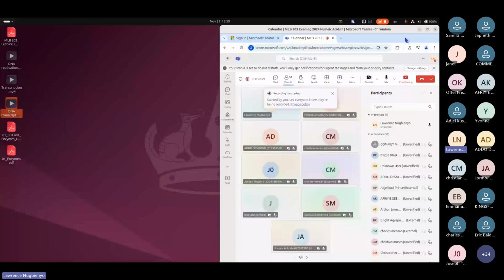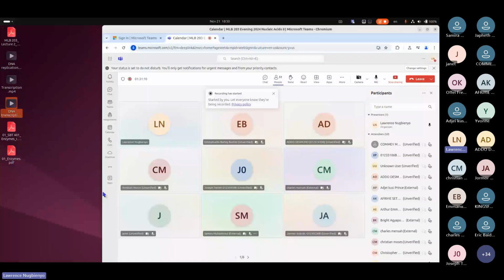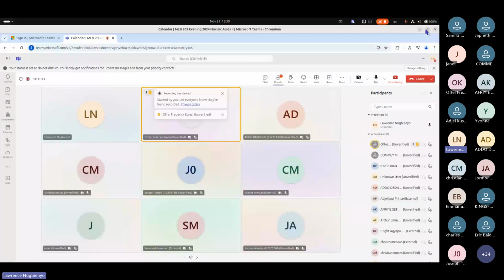All right, so now the floor is opened. If you have any questions, any contributions, you can raise up your hand. Okay, so the first person is Ofe. Ofe, you can unmute yourself and speak.